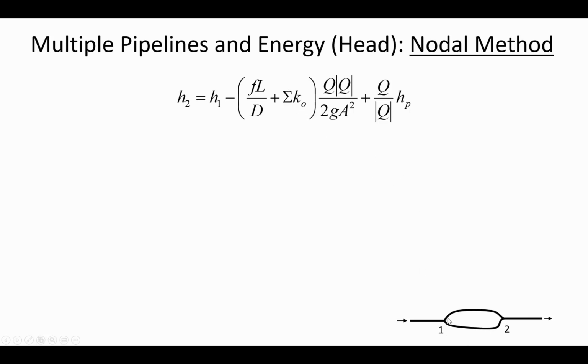It could be that there's only friction losses. But the main idea here is that water flows from upstream to downstream, and so our convention is that we say location 1 is the upstream location and location 2 is the downstream location. So the water's going from 1 towards 2.